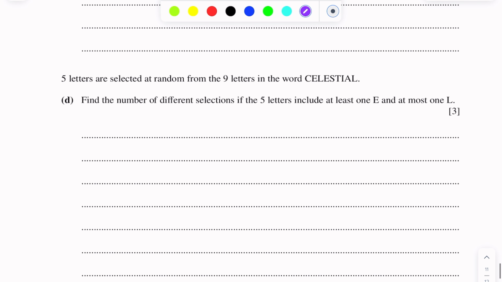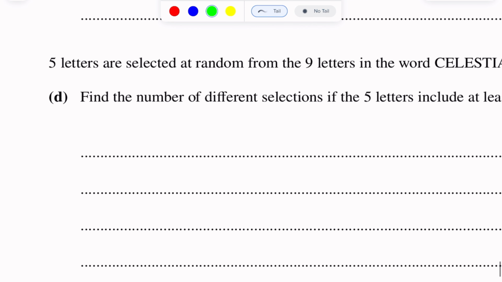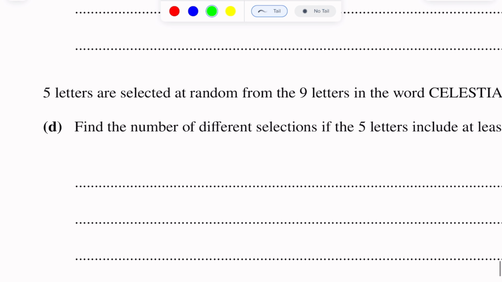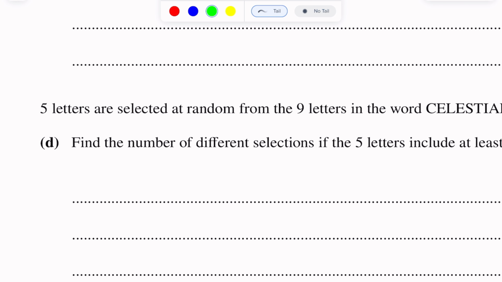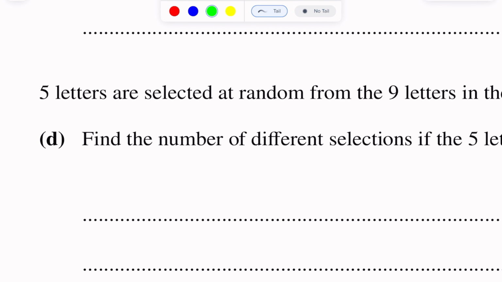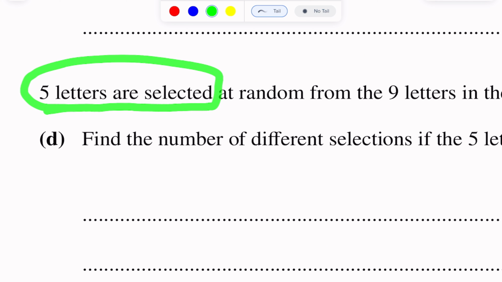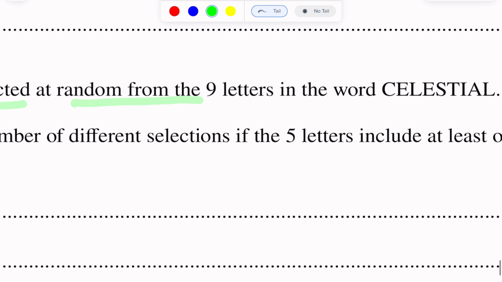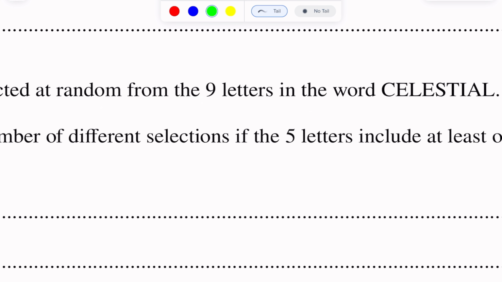And the last part of this question is part D. 5 letters are selected. This part is of combination, because there is no specific arrangement, there is no order. 5 letters are selected at random from the 9 letters in the word celestial.